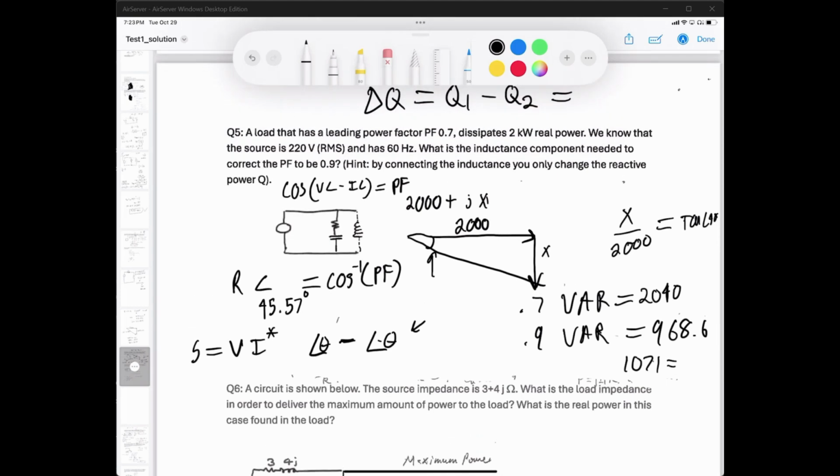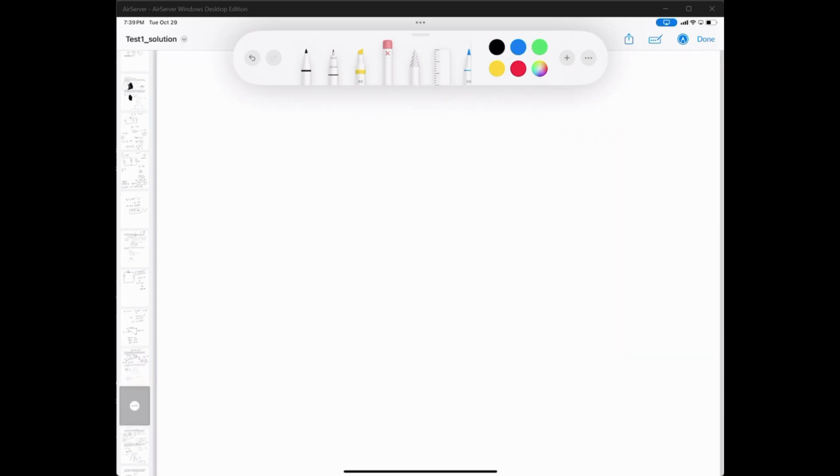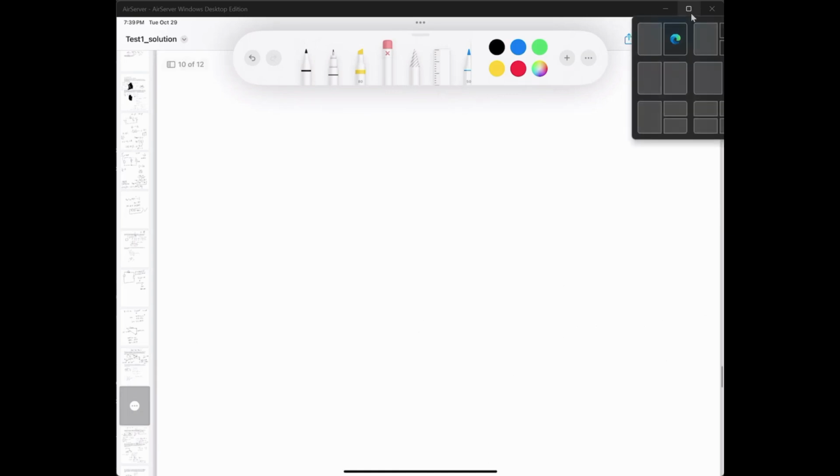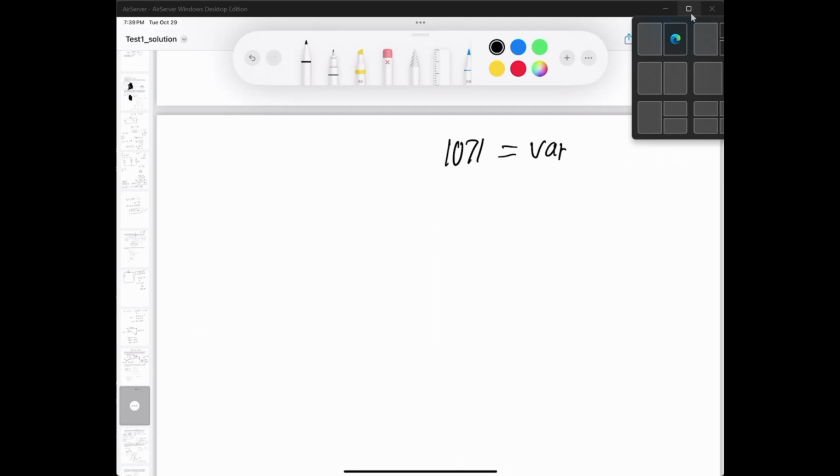Let me say this differently. Since we know that 1071 vars is our change in Q, how are we going to go back and change the inductance to get to what we want? So we know that V squared over, let's say, XL, the reactance portion, right?